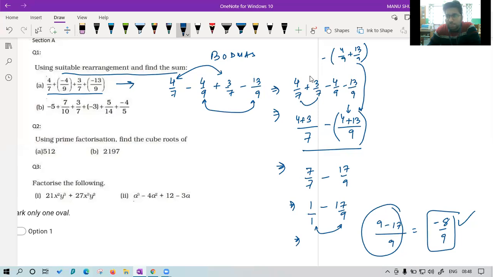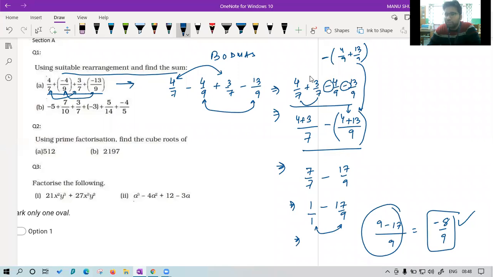Prisha: Okay, sir. See, so what I've done is I have seen that 9 and 9 are like terms in the denominator and 7 and 7 are making it like terms. So I have rearranged like this. After that, I know it is very difficult to deal with negatives. So I have taken negative common like this.